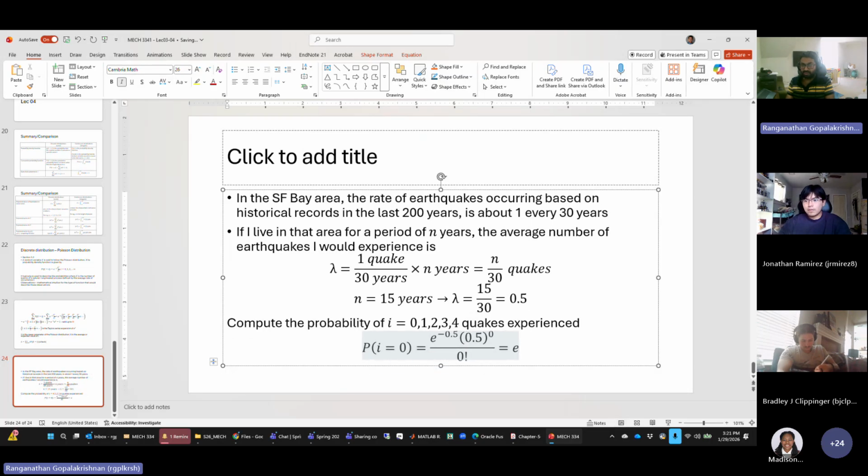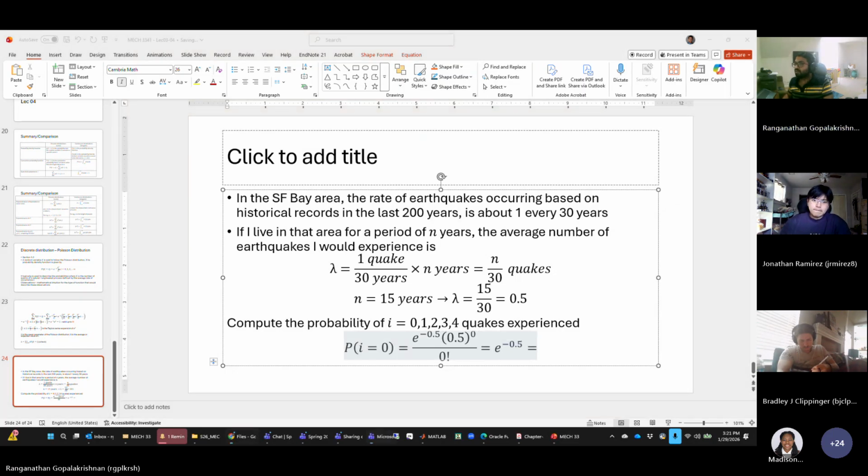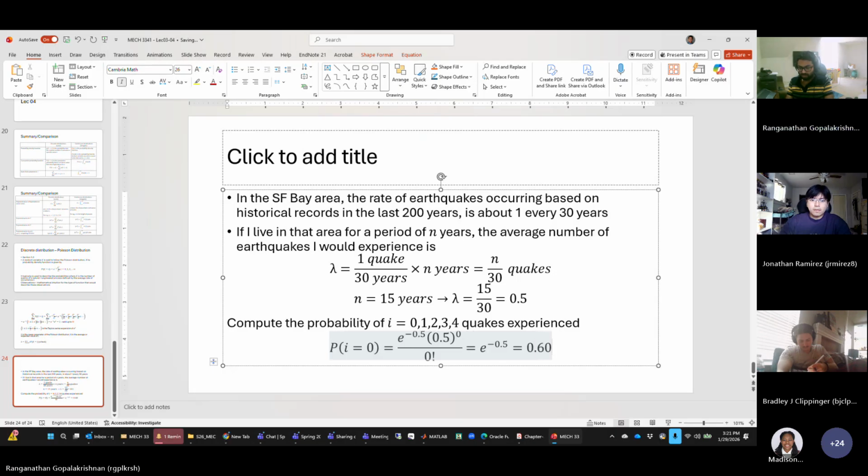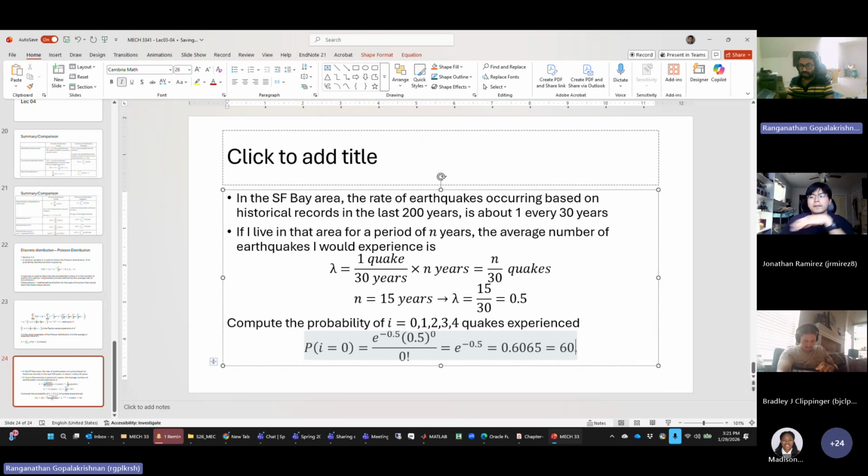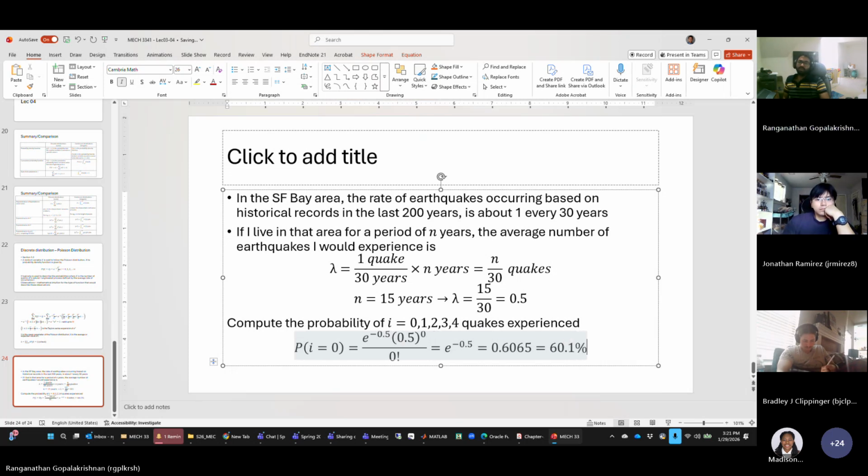So this is e power minus 0.5, which I need a calculator to calculate. That's 0.6065, or about 60.1%. So if you live there for 15 years, there is a 60% chance that you won't experience any earthquake. That's the interpretation in words.